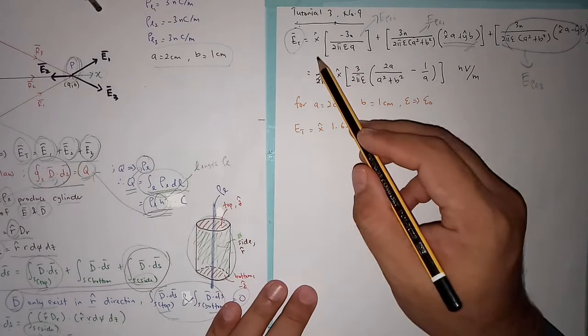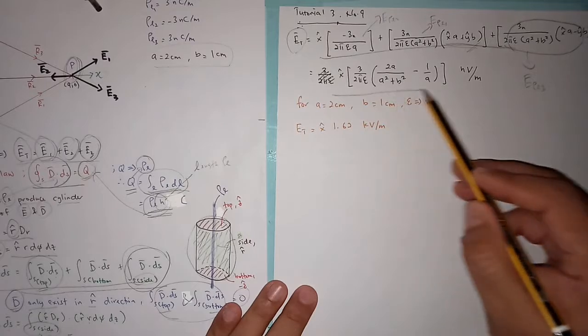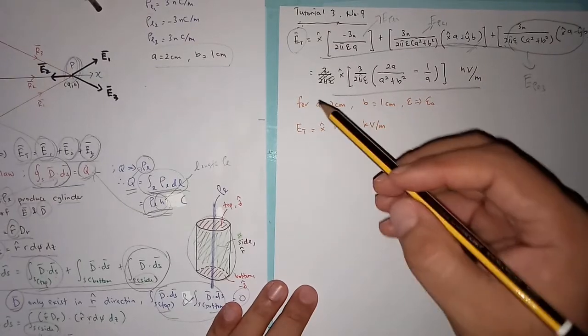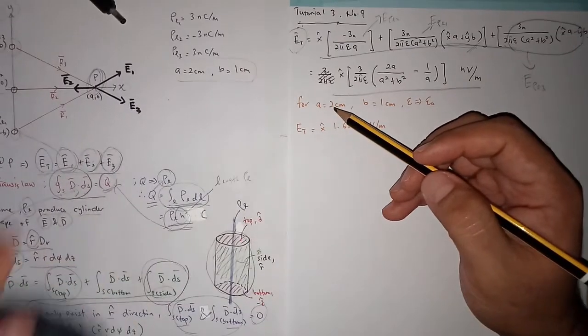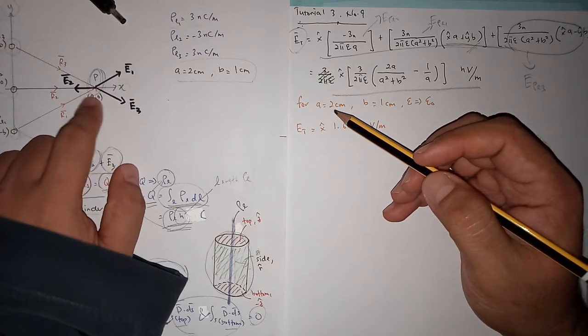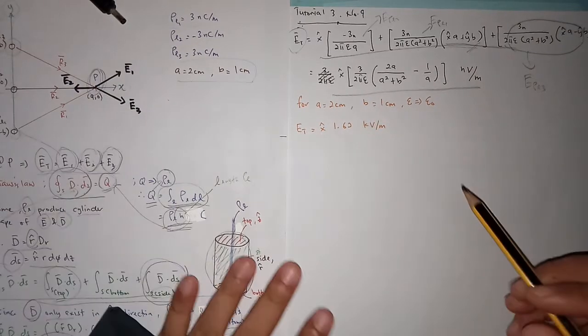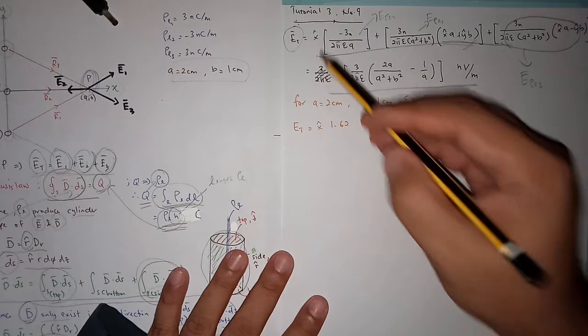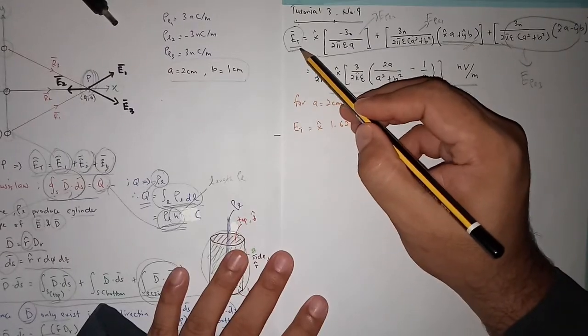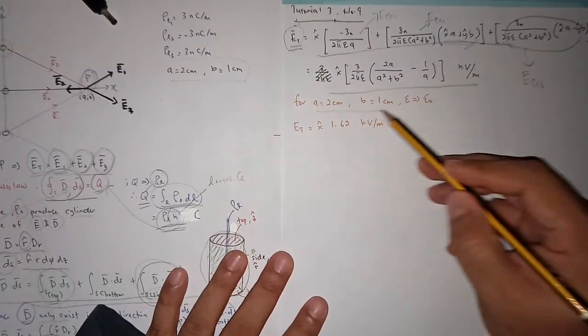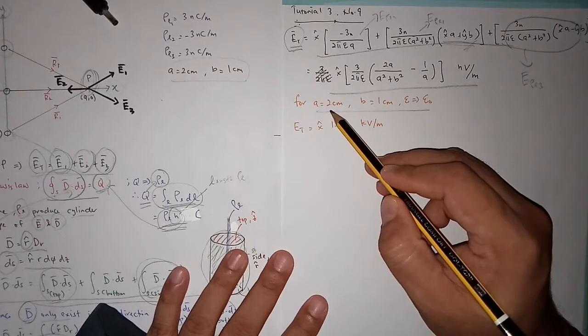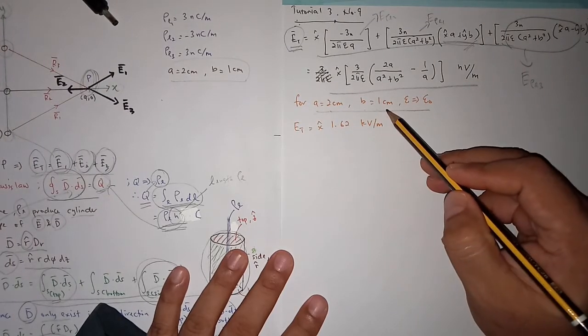By adding all together, this is the final expression of electric field intensity at our test point P here. In order to evaluate the value of electric field intensity given by this expression, we have A equal to 2 cm and B equal to 1 cm.